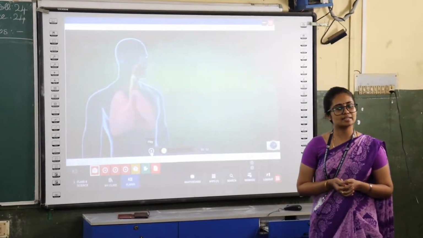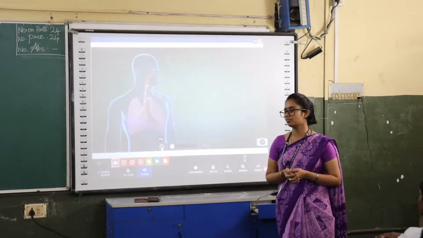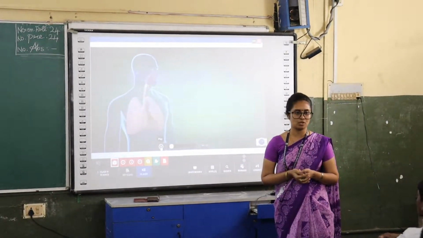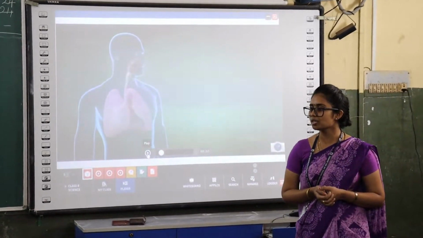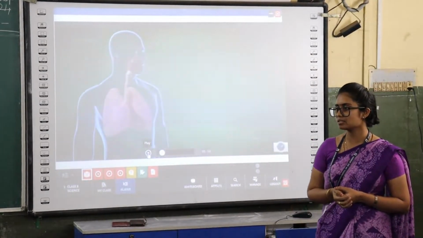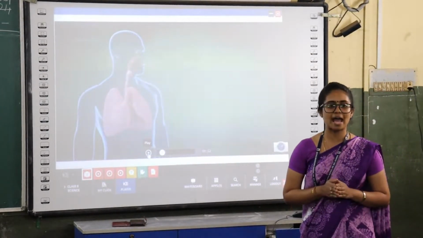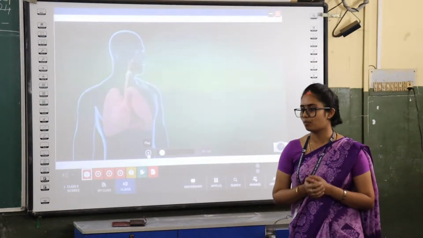And the blood is responsible for supplying this oxygen to all the parts of the body through the circulatory system. Okay, while the blood is originated from the body, it is developed as a deoxygenated blood. That is, de means absence. So absence of oxygen. So the blood without oxygen is produced in our body.